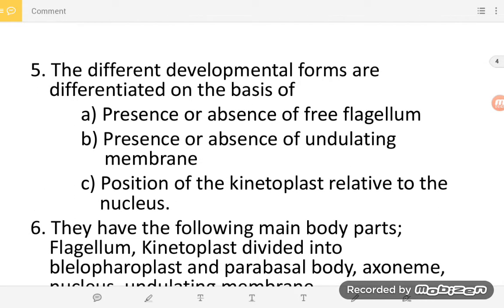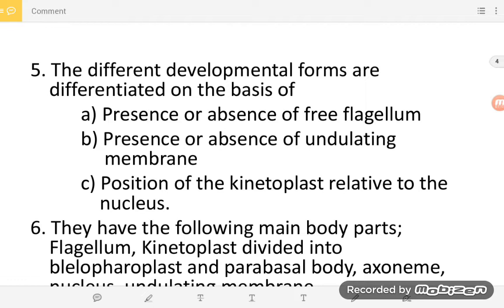The different developmental forms present in the life cycle are differentiated on the basis of some special characteristics. One is the presence or absence of a free flagellum, whether the stage contains a flagellum or not.